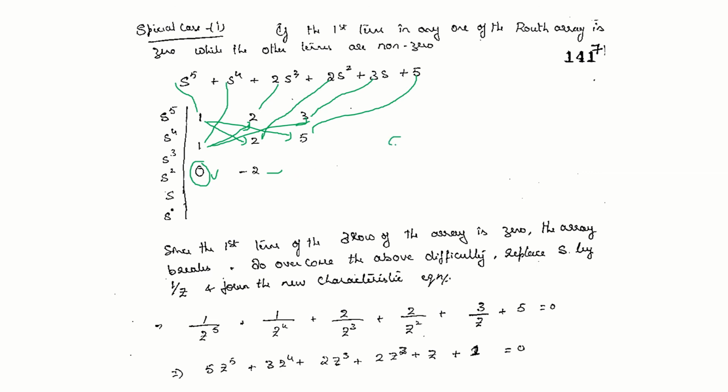Now you replace S by 1 by Z. Correct? Then this becomes 1 by Z to the power of 5, 1 by Z to the power of 4, 2 by Z cube, 2 by Z square, 3 by Z plus 5. Reorganize. You will get another equation array.